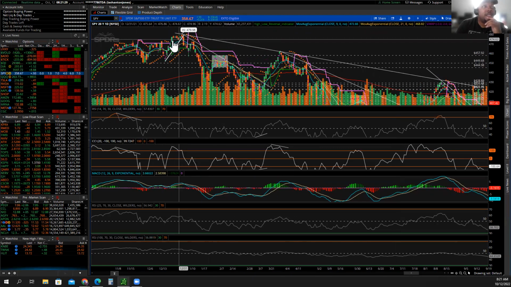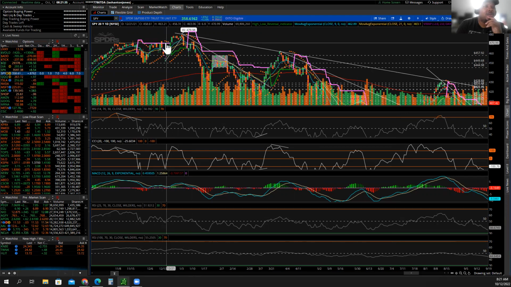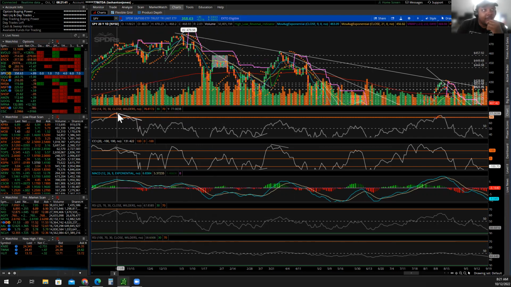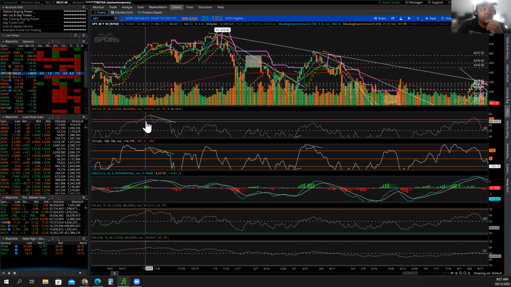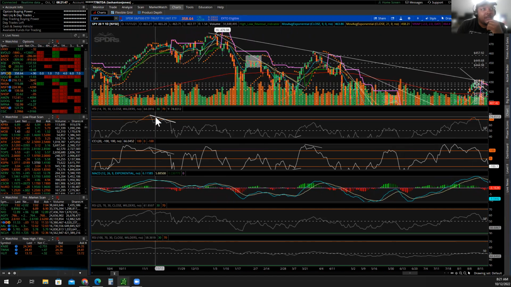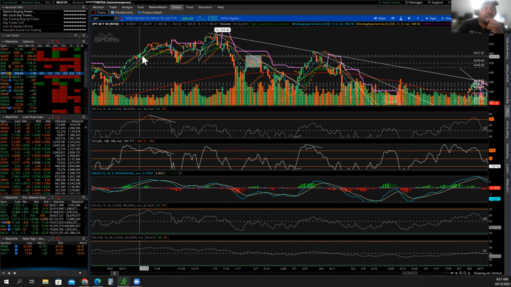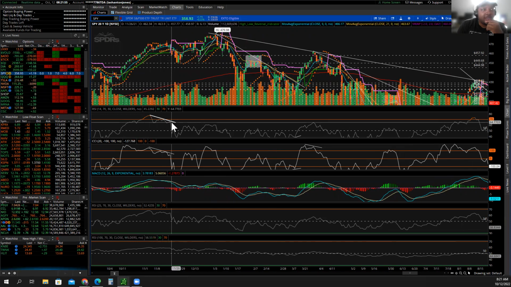But what's telling me that this is about to fall or this is about to go down? One thing, the RSI. When this started to trickle down and price was going up, you started to see divergence.